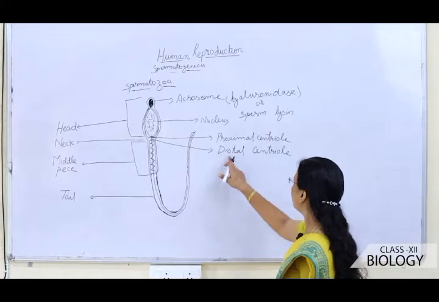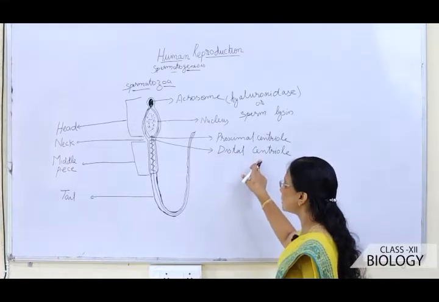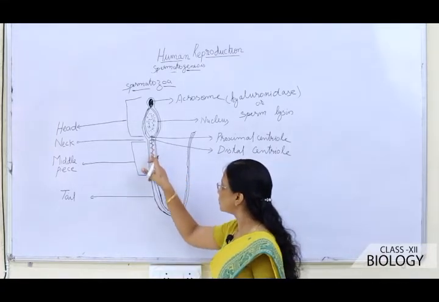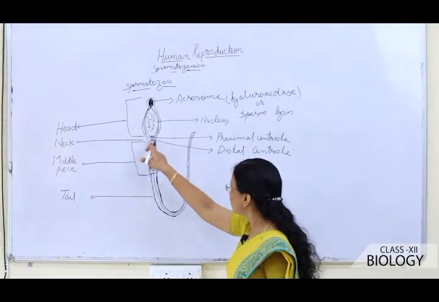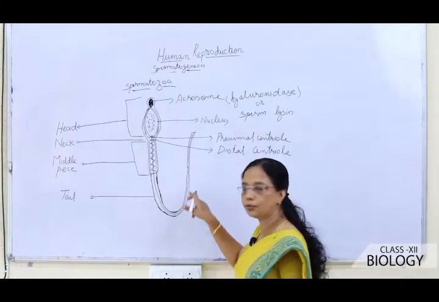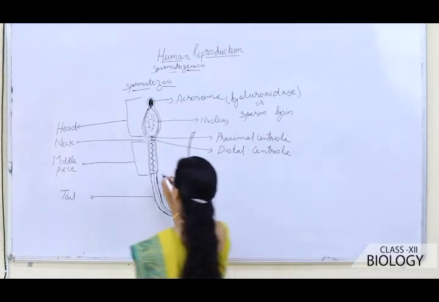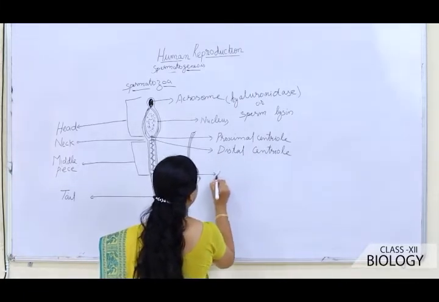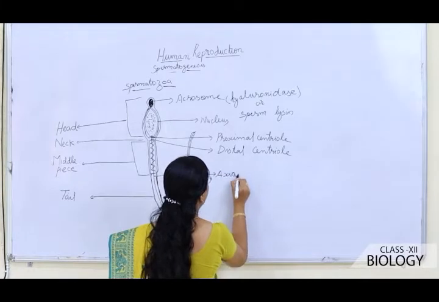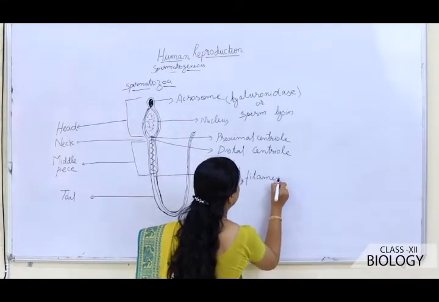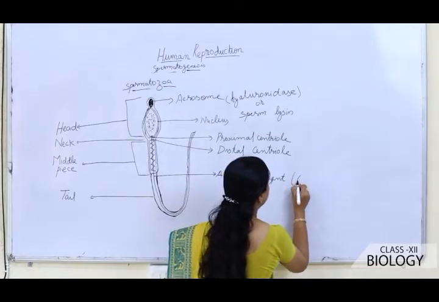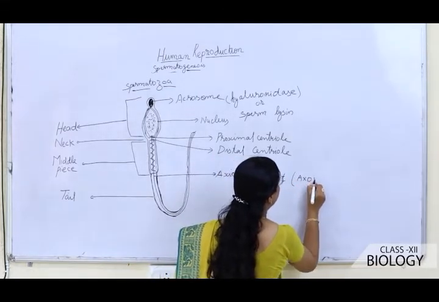Now, what about the distal centriole? From the distal centriole, the axial filament arises, which passes through the middle piece and enters into the tail. So this is the axial filament, which is also known as axoneme.